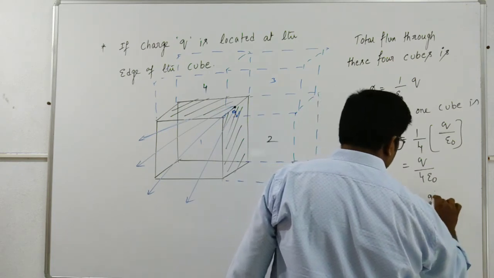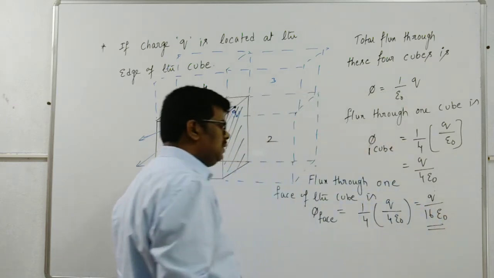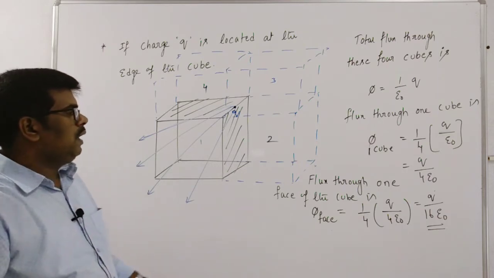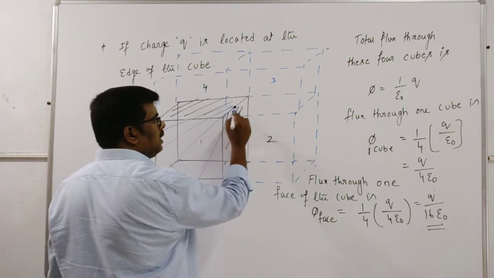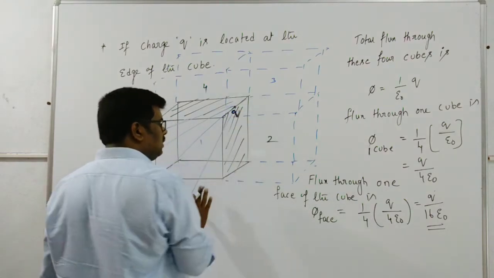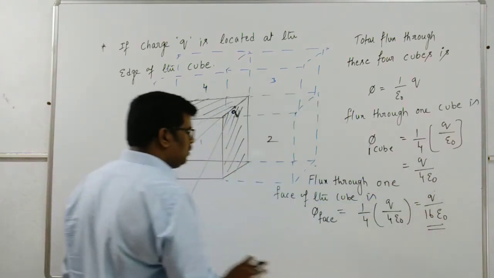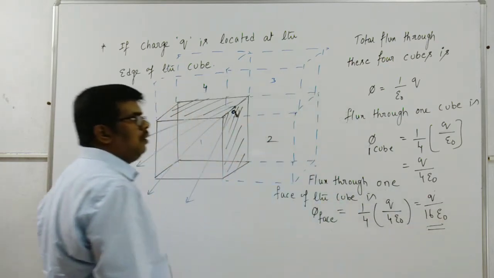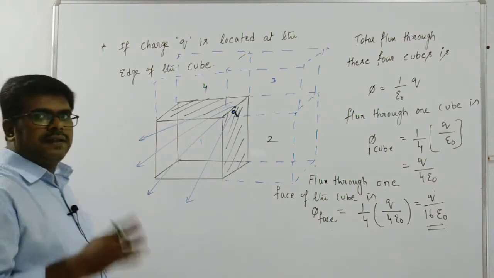That's why it is totally q by 16 epsilon naught. This is the flux through one face of the cube. This is not for all cases; when the charge is located at the edge of the cube, in such a case flux through one cube is q by 4 epsilon naught, and flux through one face is q by 16 epsilon naught. These points you have to remember. Now we have discussed the cases.